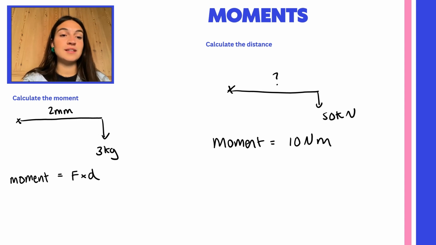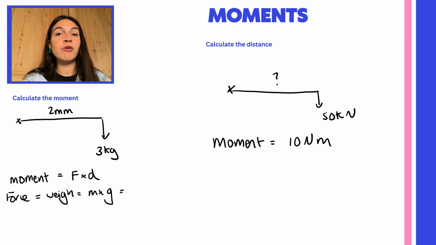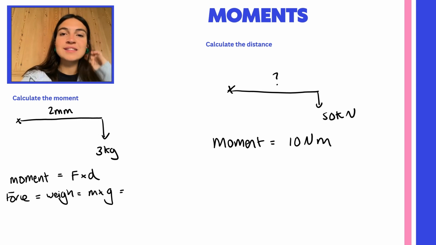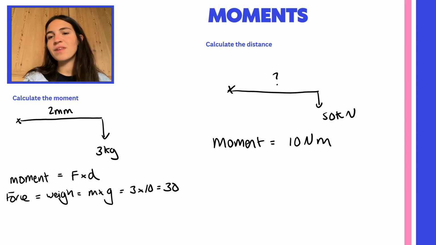So in this instance here, what is our force first? Well, that's been provided by the weight of our 3 kilogram mass, and we know our formula for weight, or we should know from our previous work, that it is mass times g. So we have 3 times g is 10, gives me a force of 30 newtons for this first picture.